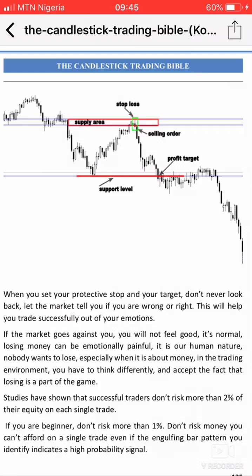Studies have shown that successful traders don't risk more than 2% of their equity on each single trade. If you are a beginner, don't risk more than 1%. Don't risk money you can't afford on a single trade, even if the engulfing bar pattern you identify indicates a high probability signal.